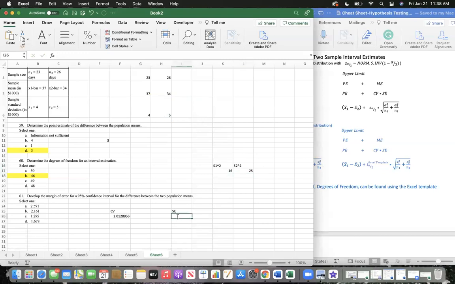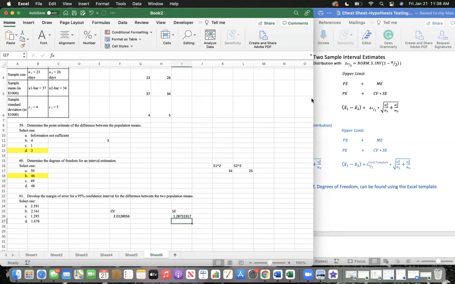Okay, so I said equals the square root of this value, standard deviation 1 squared, divided by our N1. So what's our N1? 23. So I'm just going to use this right here, 23, plus standard deviation 2 squared, divided by our N2. Our N2 is 26, so I'm just going to use this. And there's our standard error.